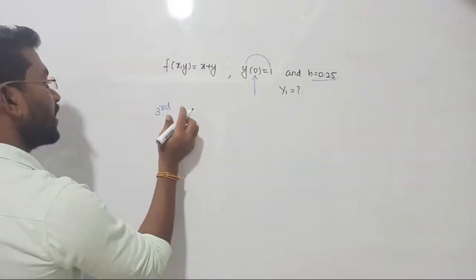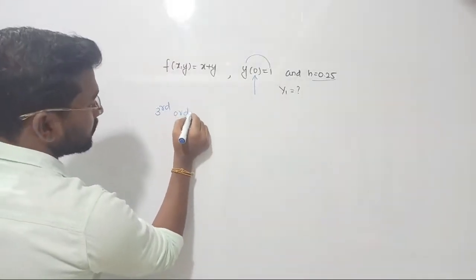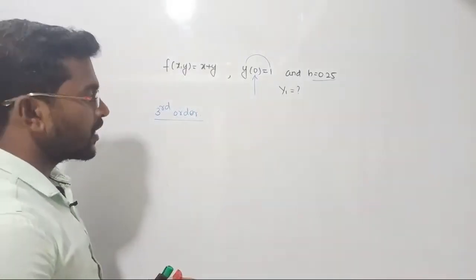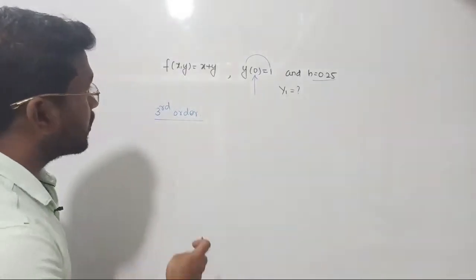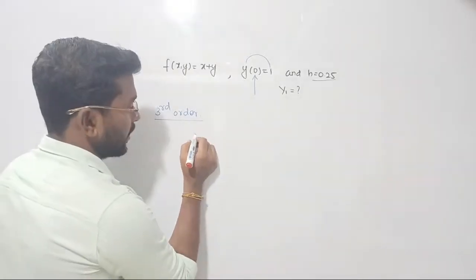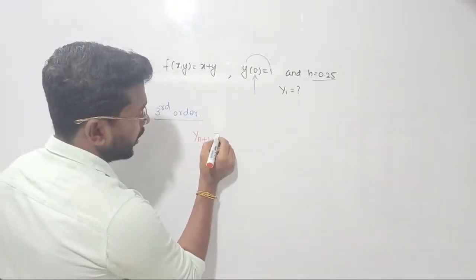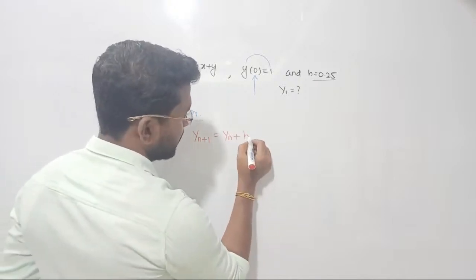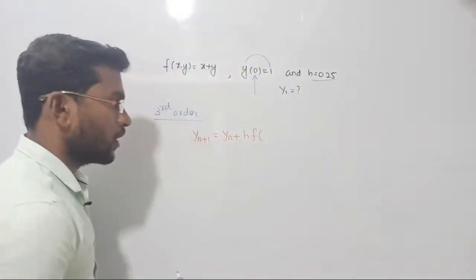See, I am writing third order, right? Fine. Let's bring the answer. In third order equation, once again we know the formula. What is the formula? Yn plus 1 equal to Yn plus, once again, step size h into f of.